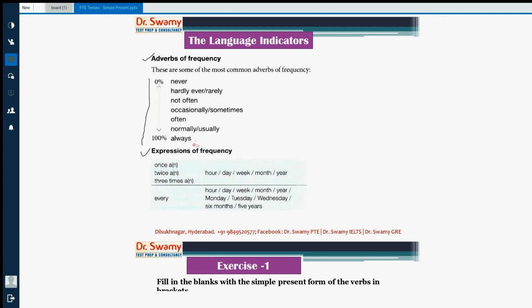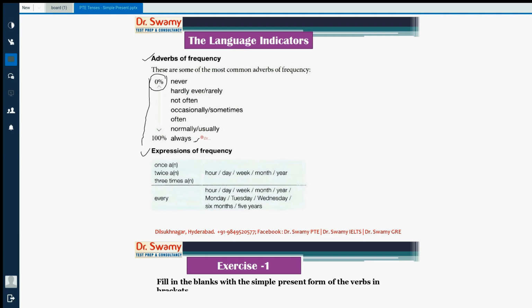All these expressions indicate the repetitive nature of the action, the routine nature of the action. So never would amount to not doing at any point of time.